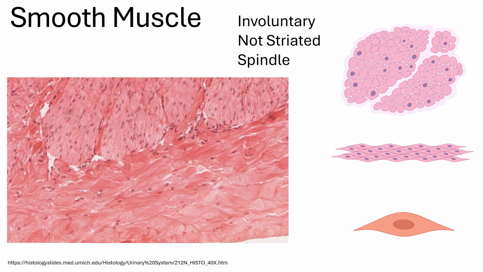If we were to gather together a whole bunch of these spindle-shaped muscle fibers and then make a cut across them, we would see all different diameters of each cell.